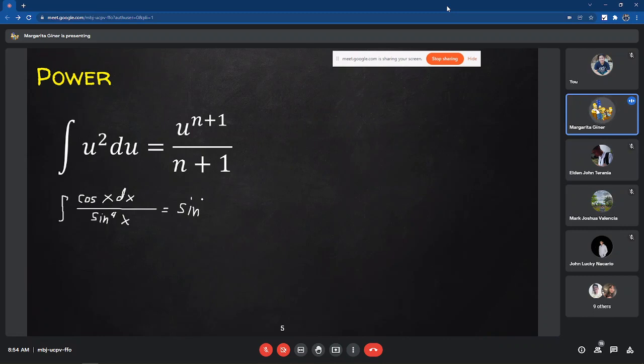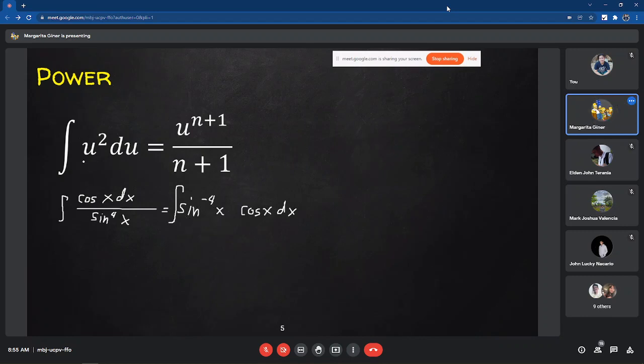So, instead of positive, it becomes negative. And then, you just copy the cosine x. Don't forget the antiderivative symbol. Cosine x dx. Okay? Now, you can use the power rule.